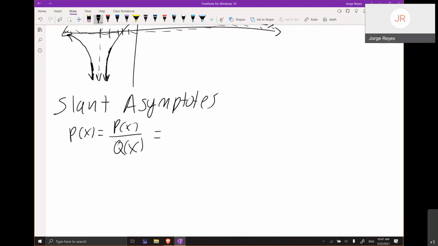Since the top's degree is bigger than the one on the bottom, that means it is unsimplified, and you should be able to simplify it to get another polynomial that's just out there without a fraction. This extra polynomial is the slant asymptote.